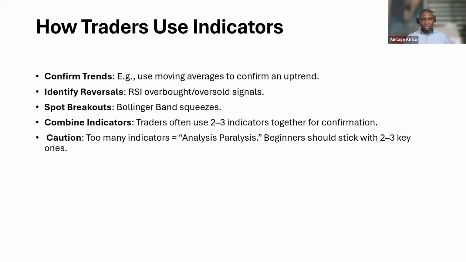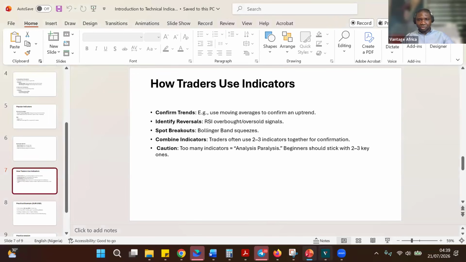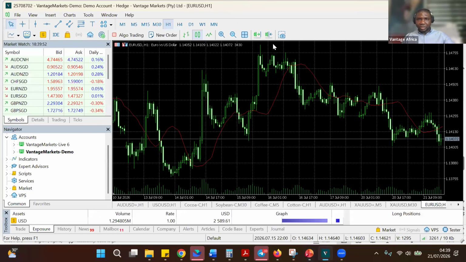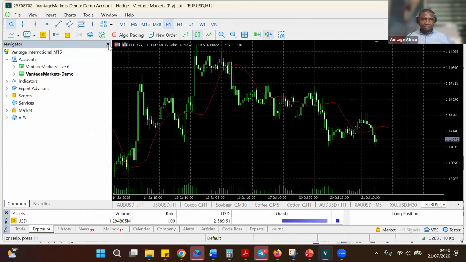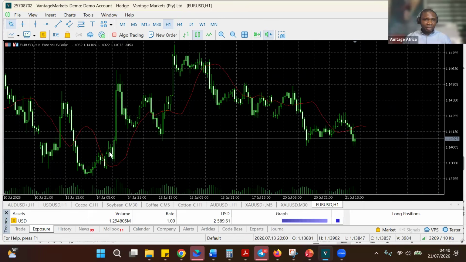How do you use indicators? Before we talk about how you use indicators, let us go to the chart right now and find some indicators. Okay? So this is an MT5 chart. I'm sure we can see my screen.